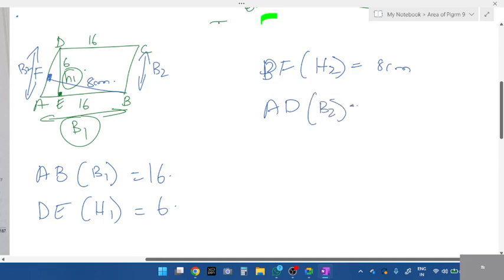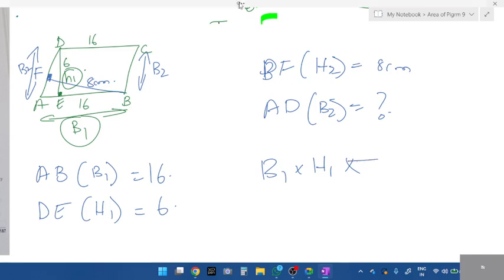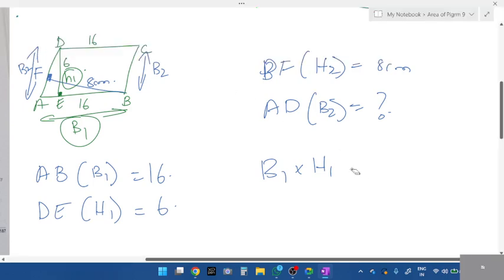AD will be B2. What's the formula I told when three values are given and one is missing? B1 into H1 is equal to B2 into H2. We'll substitute in the formula and find the B2 value, which is 8. This is what I explained. Completed.